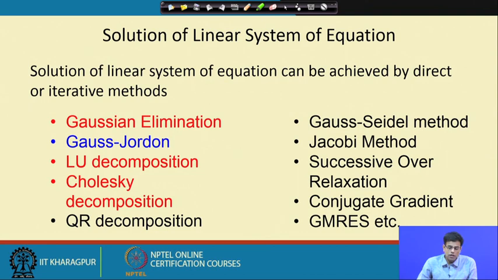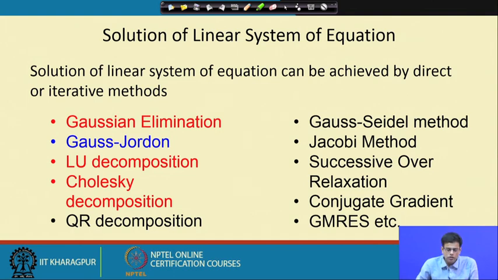Another kind of method, where the full matrix is not factorized and methods like Gaussian elimination or Gauss-Jordan are not used, is the iterative way, where we solve the system of linear equations in an iterative manner.